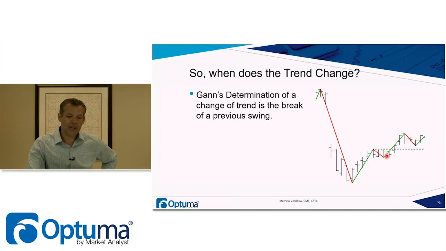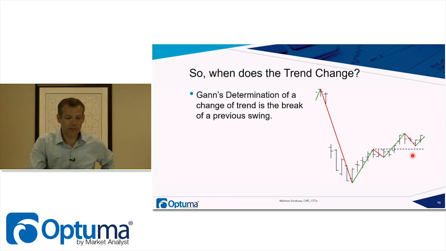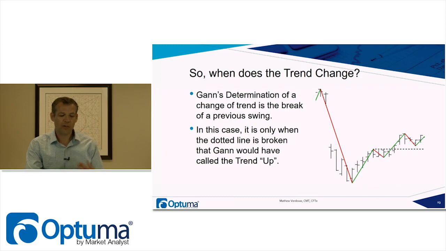And then after that, once it took out this high where this dotted line is, then he would say the trend was up. So we're looking for that break of the previous swing high. As I said, in this case, it's only when that dotted line is broken that we would say that the swing is up here.